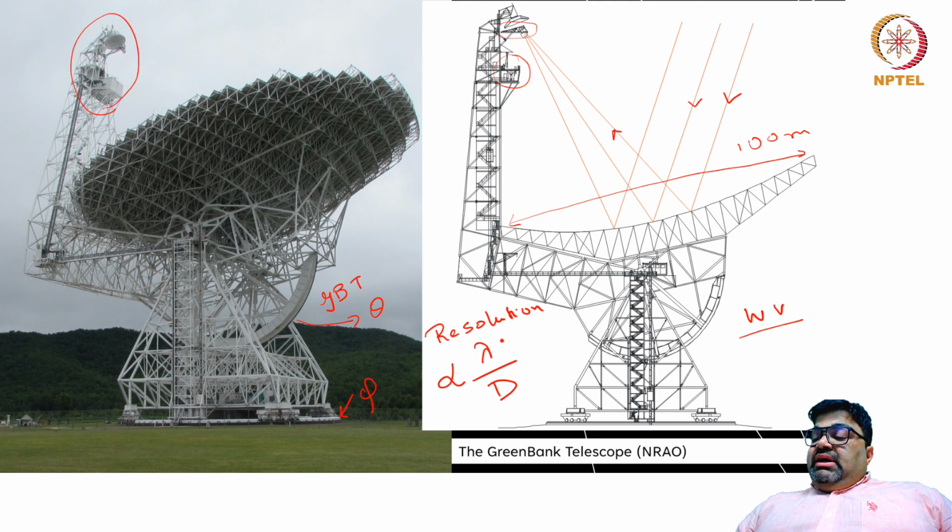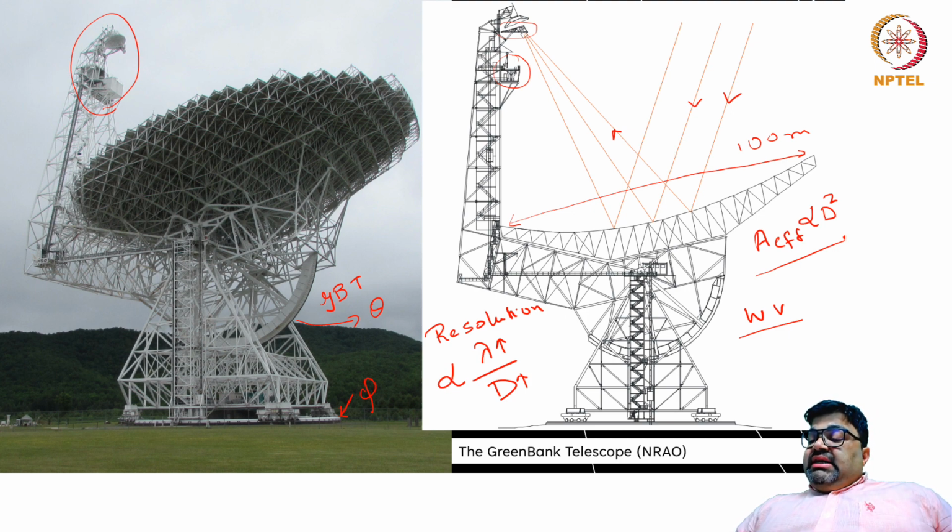So if lambda rises, D also has to rise to balance the lambda over D ratio and to keep the resolution similar. Another thing which the large dishes do is that the effective area, the geometric area, is also proportional to D squared, right?